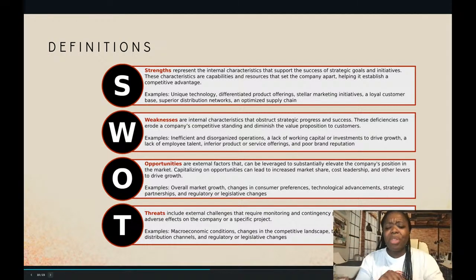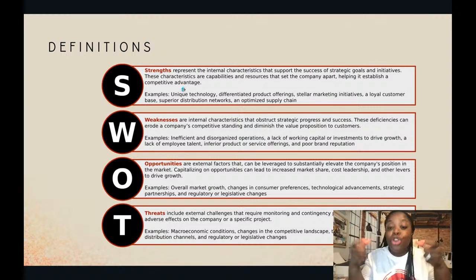Okay, now let's talk more about the different letters. So like I mentioned, strengths. S is going to represent the internal characteristics that support the success of some type of goal or initiative. So here are just some examples of strengths that could be mentioned if you were in a meeting and had to make this diagram to figure out what decision to make for your hospital or for your facility.